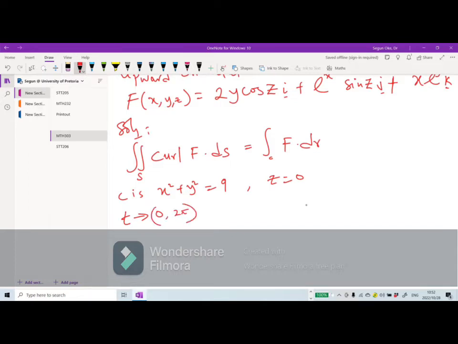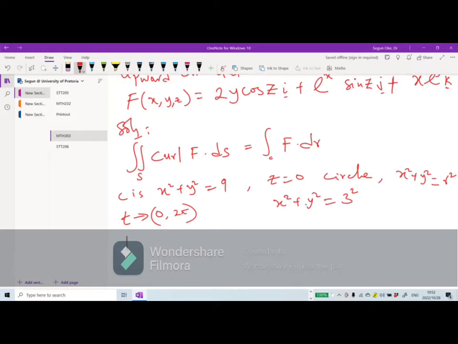That is a circle. And our circle is, what? x squared plus y squared equals r squared. So in this case, we can have x squared plus y squared equals 3 squared.